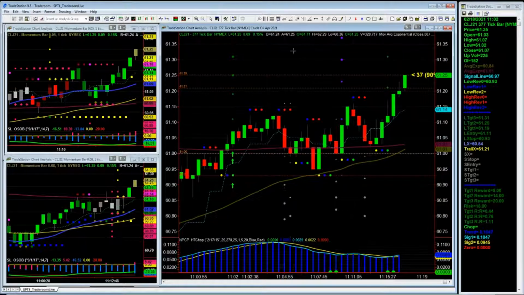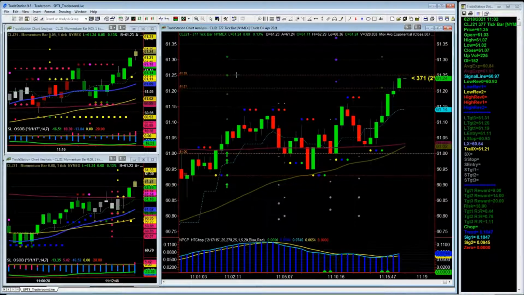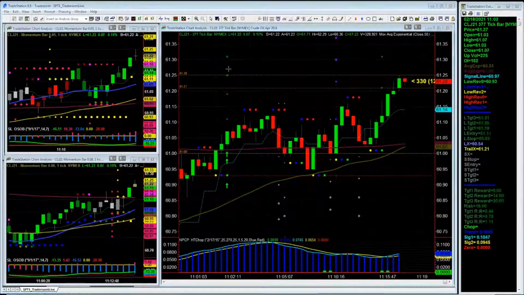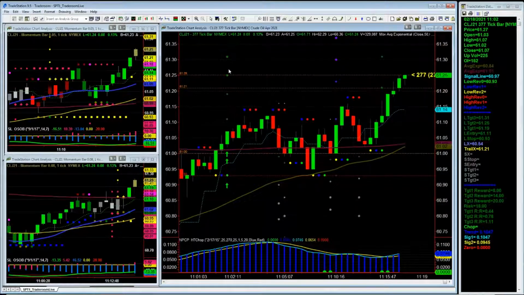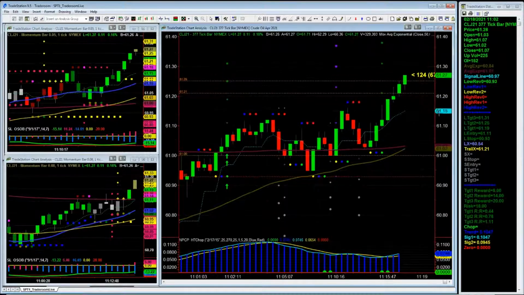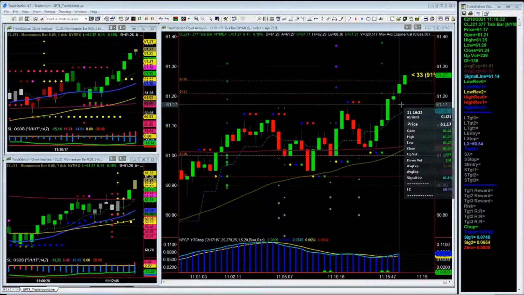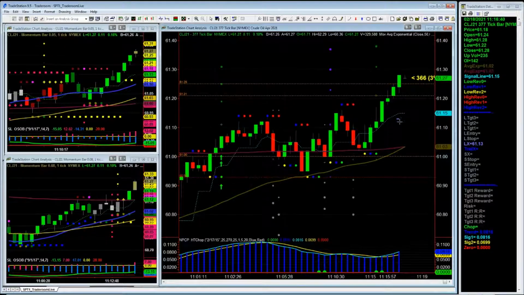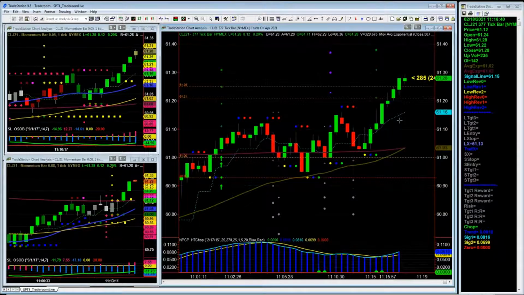All right, so we just got to target 2, and the objective of the plan has been achieved. That was good for 14 cents, $140 per contract. If you're trading multiple contracts, we have to trail manually. So you want to be 2 ticks below this line with each closing bar. So you want to have your stop here. You could use the purple trailer, actually.